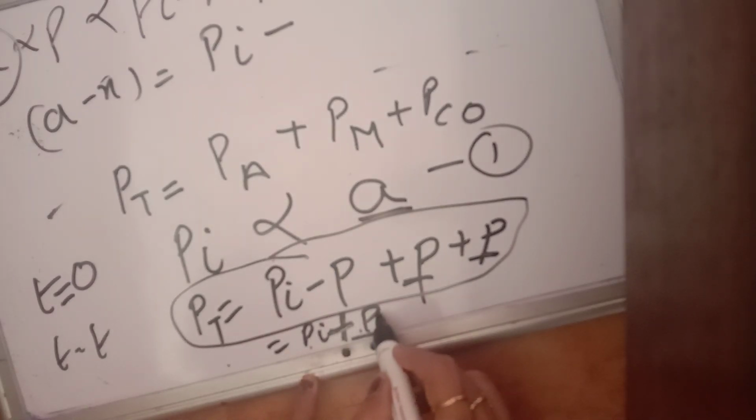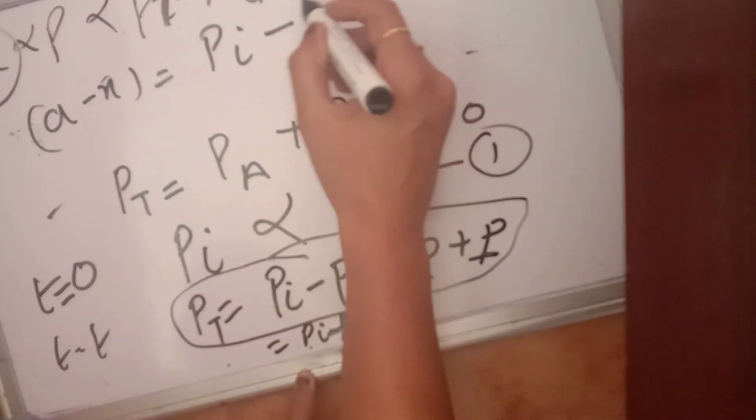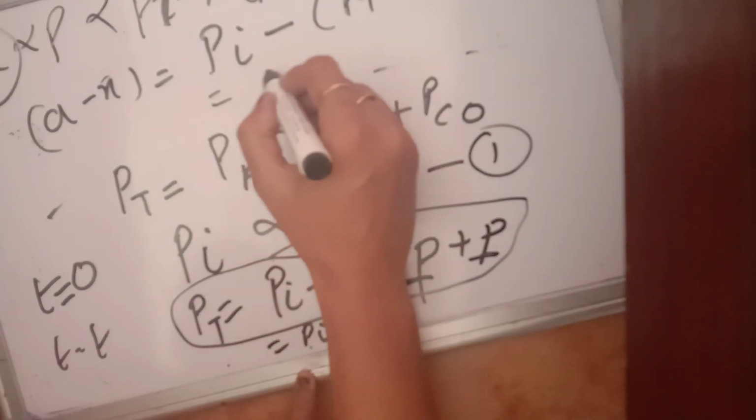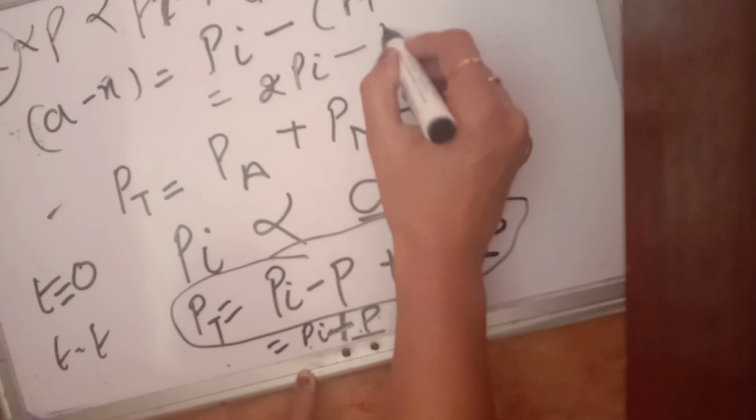So my P will be equal to Pt minus Pi. So Pi minus (Pt minus Pi) comes out to be 2Pi minus Pt.